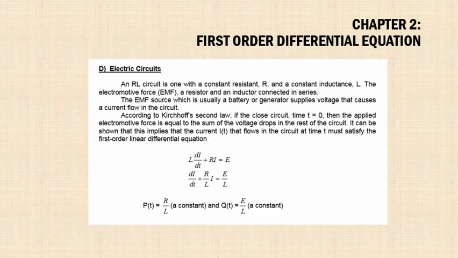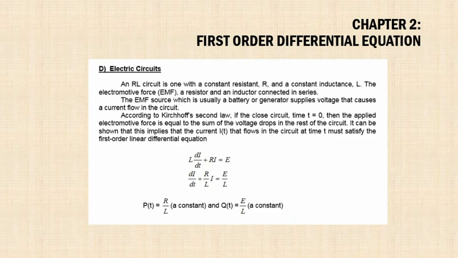Now we see the application of differential equations in electric circuits. An RL circuit is one with a constant resistance R and a constant inductance L. The electromotive force EMF, a resistor and an inductor are connected in series.